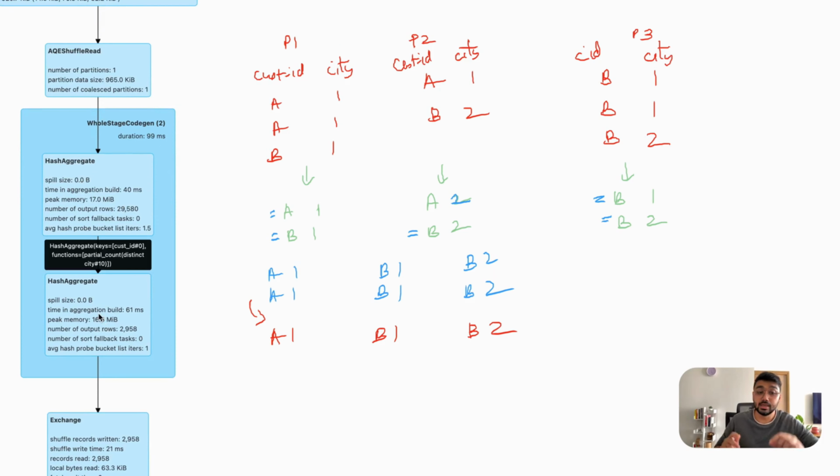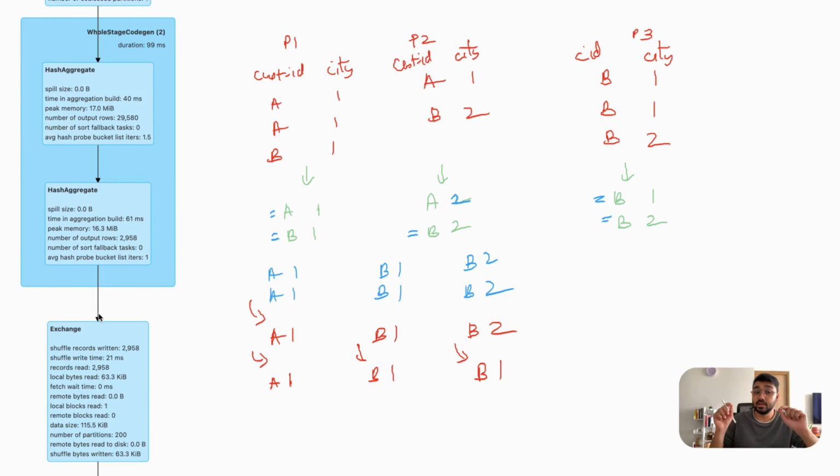Now finally it does a partial count, right? The partial count at a local level. So from here you basically say that A represents that this guy went to one city. This partition tells you that B went to one city, right?